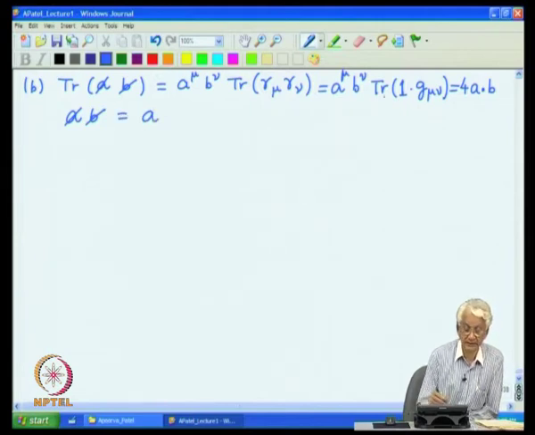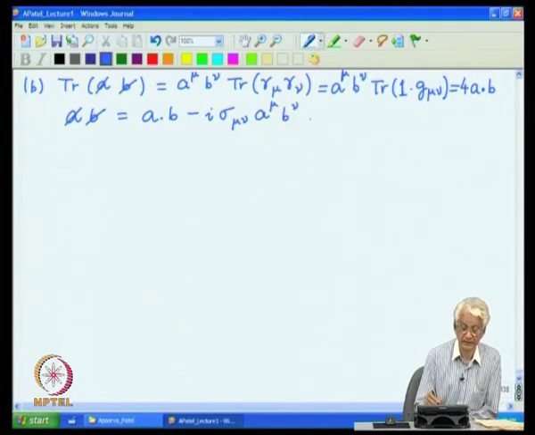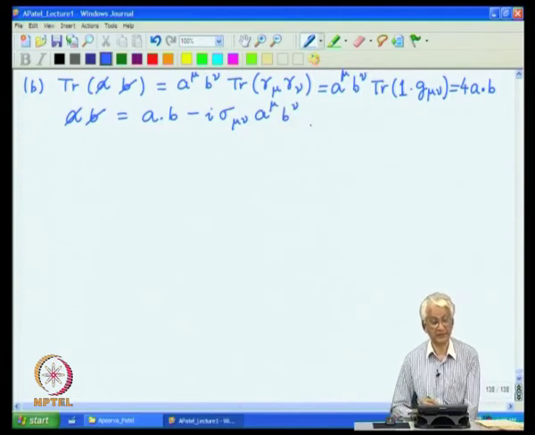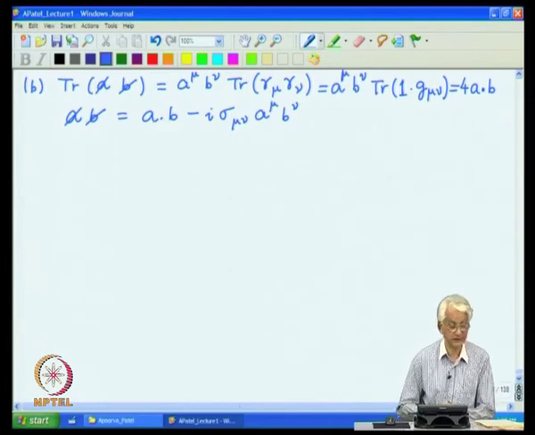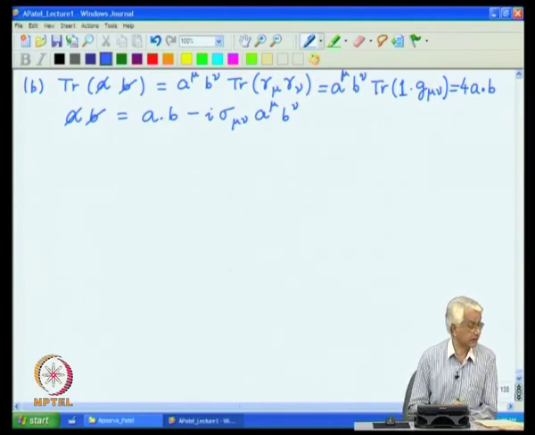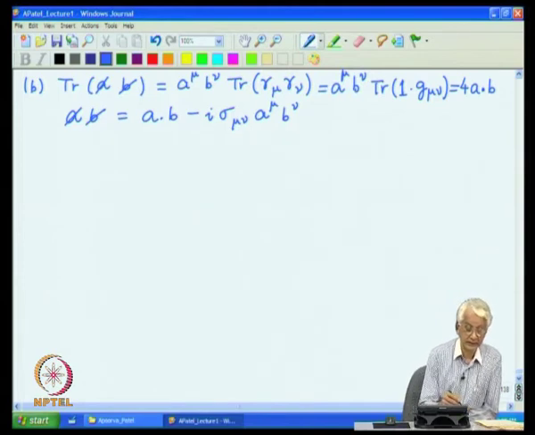So, the symmetric part is what we evaluated over here anyway, and the antisymmetric part of the gamma matrices produces this sigma mu nu matrix, which we have used many times in earlier discussions of spin and Lorentz transformations. This is again a very simple and useful identity.